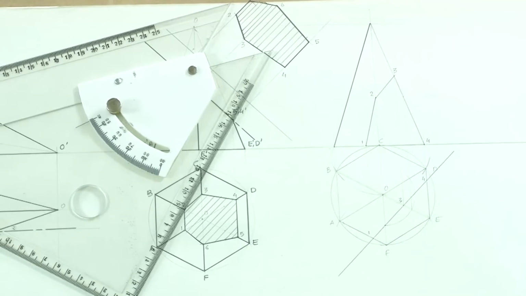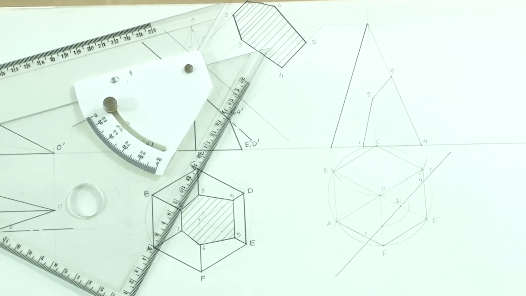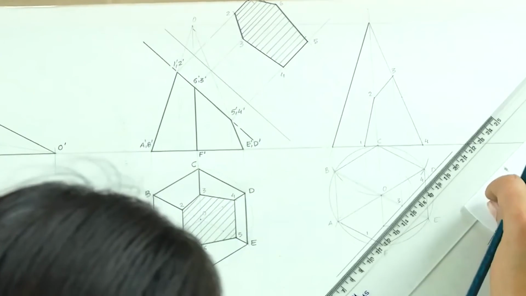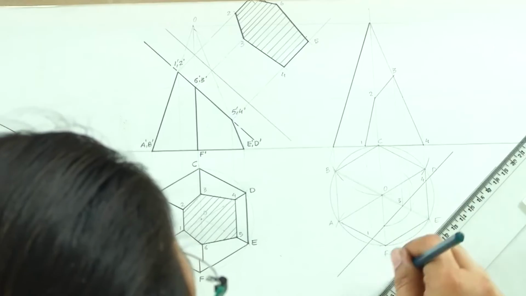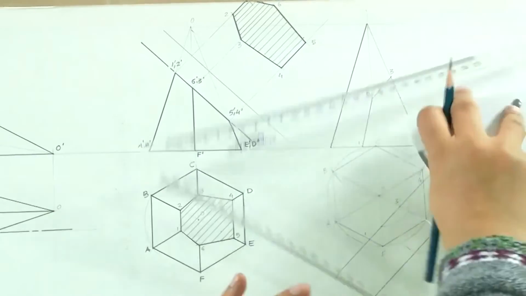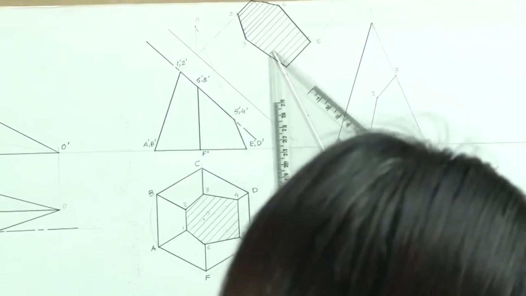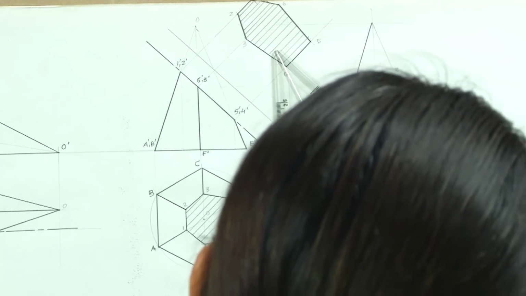Now, what we have to draw? We have to draw the true shape of the section as well. So, let me draw an auxiliary plane parallel to this section plane. We will take the same distances because they will remain the same.